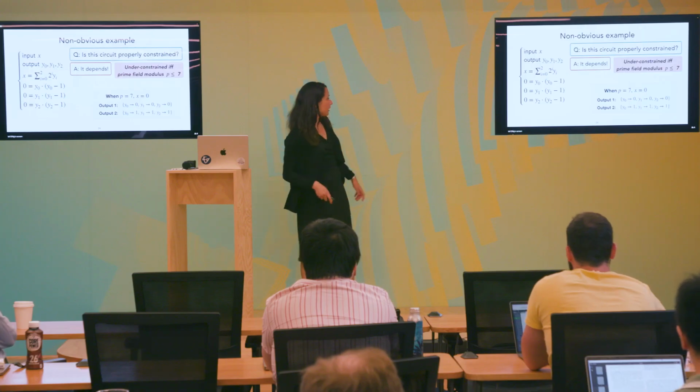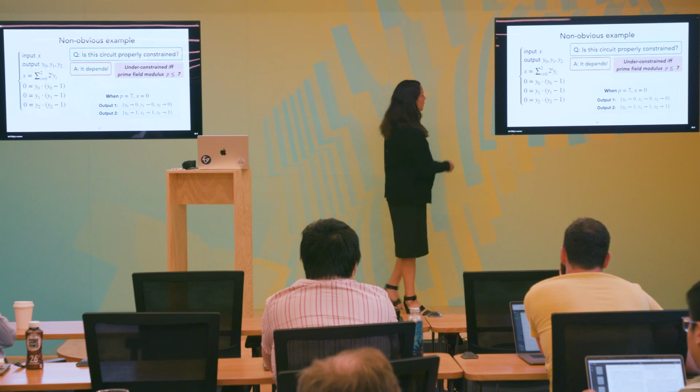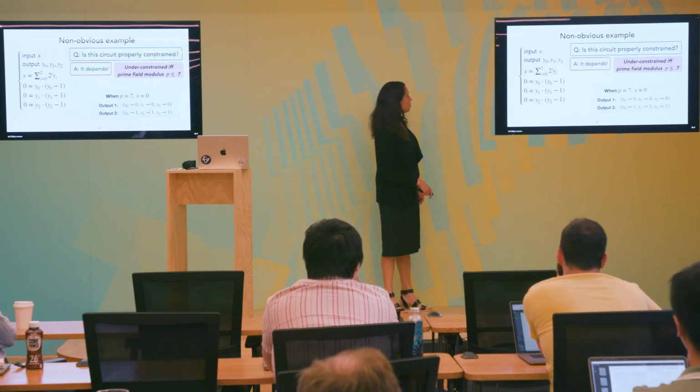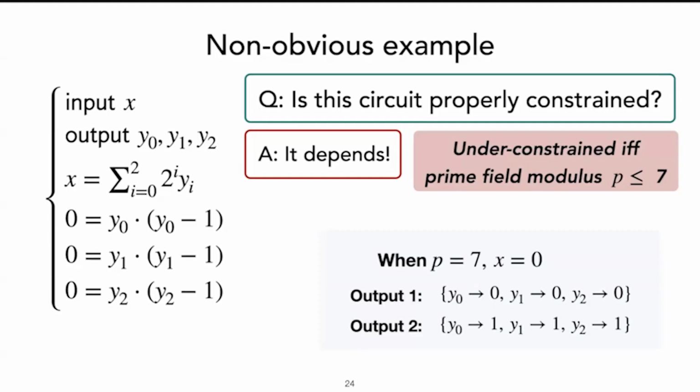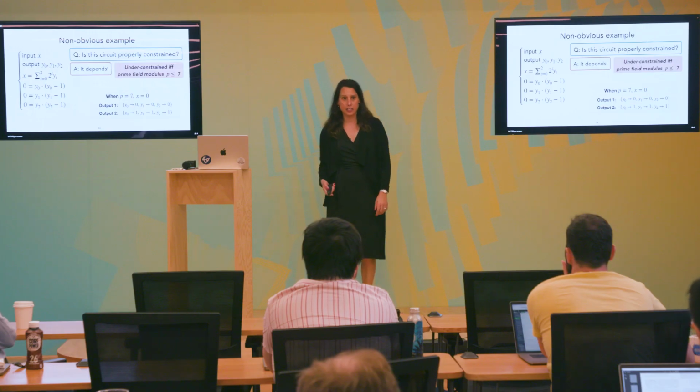If you look at the case where everything is 1, then again the bit constraints are satisfied, but the key thing is that when we do the summation over integers, we get 7, but remember that everything is happening mod p, and in this case p is 7, so the summation will in fact evaluate to 0. So we get 0 equals 0, which is another satisfying assignment.